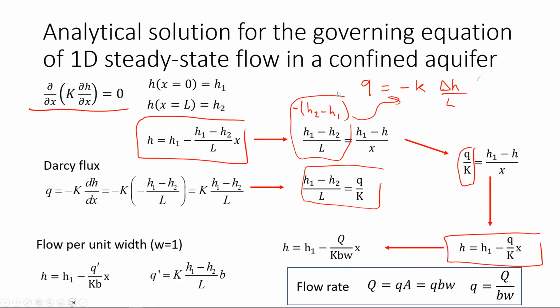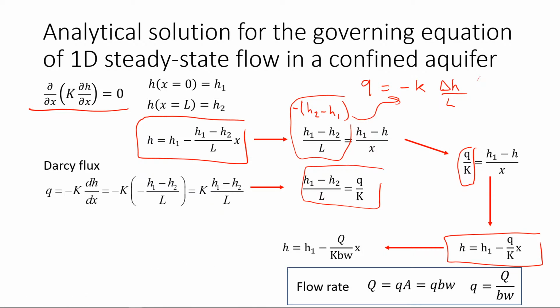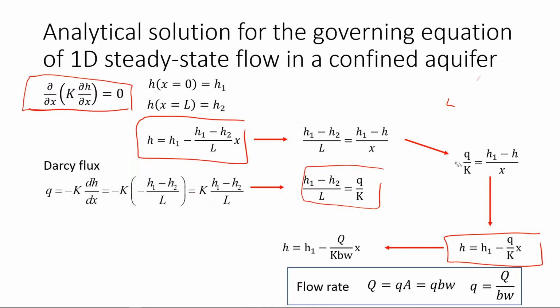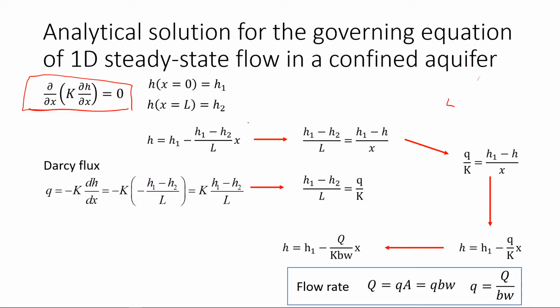So it turned out that the 1D solution for this equation is just a form of Darcy's law. If I solve this as I showed you, you get this solution, which is just a different form of Darcy's law.